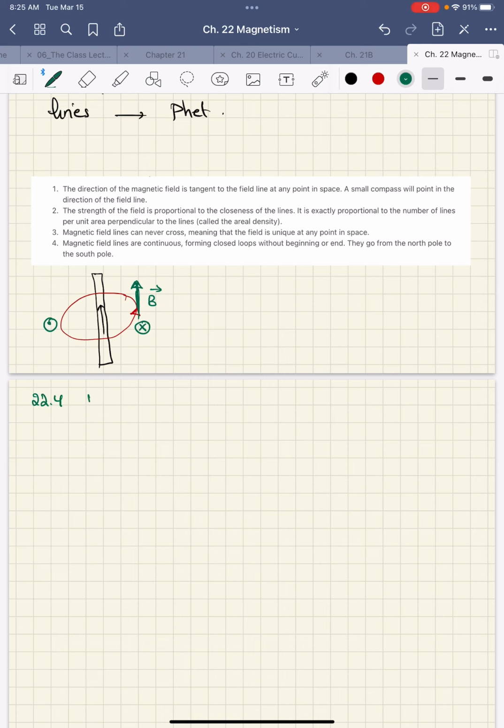I'm going to start talking about magnetic field strength and about the force on a moving charge in a magnetic field.